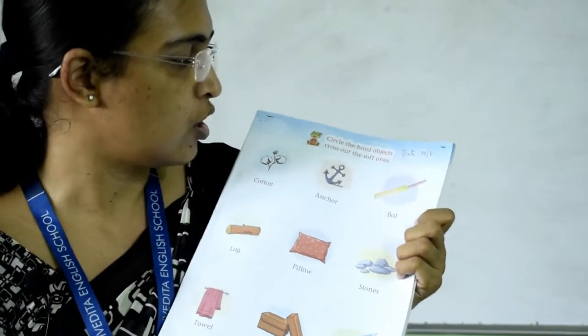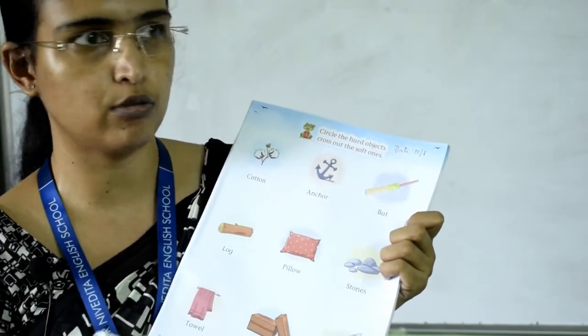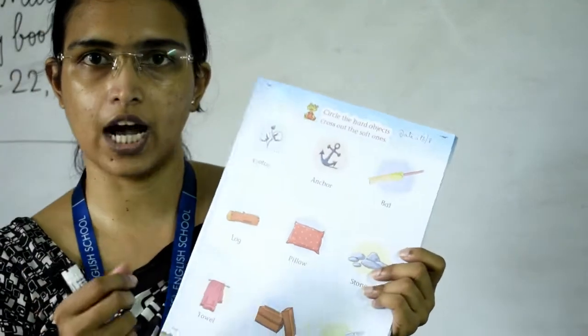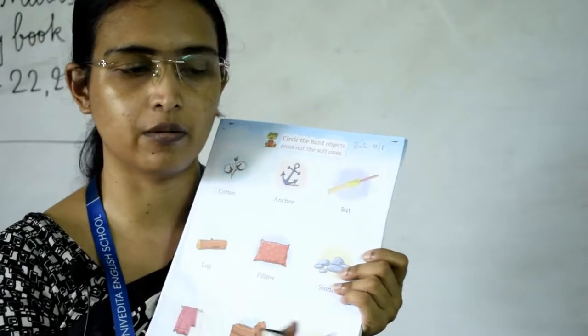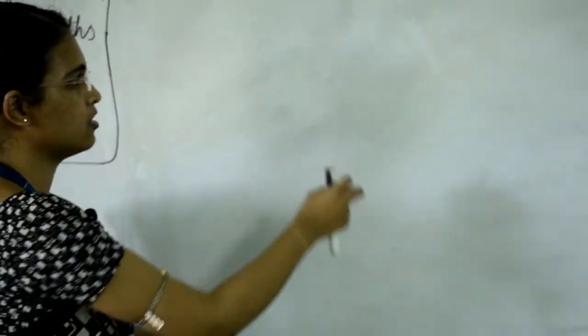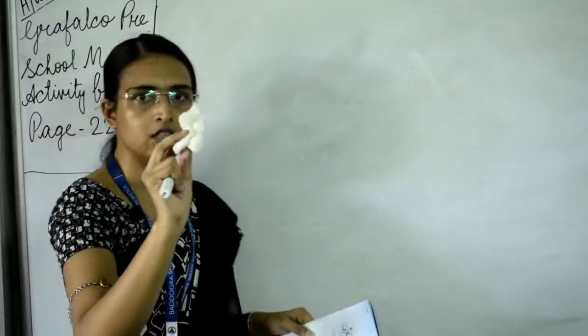In this page, we are going to learn about hard objects and soft objects. Hard means sakht and soft means naram. So look at the board. This is hard, sakht hai na ye board, but can you see a cotton?